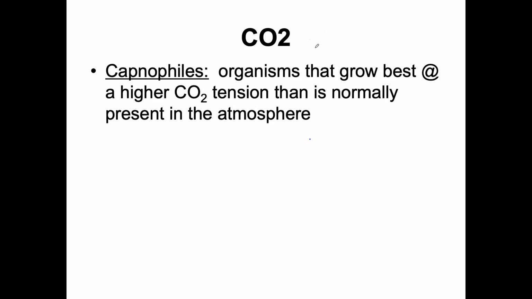So these would be things that photosynthesize, or just in general, what we would call autotrophs. So photosynthesis or chemosynthesis, where you pull the energy from something like a metal.